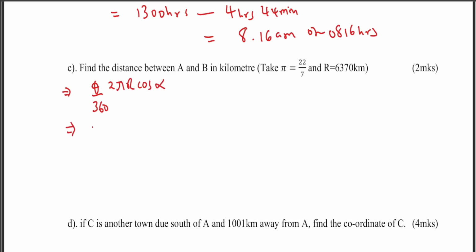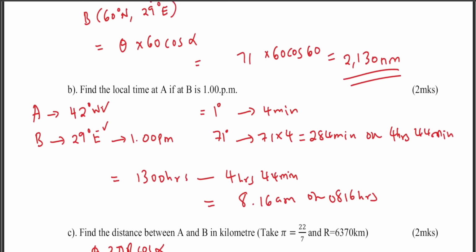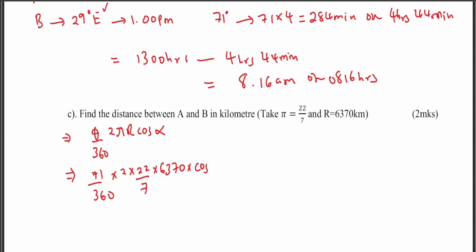The difference in longitude is 71 over 360 times 2 times 22 over 7 times 6370 times cos 60, which is the cos of the latitude. So it gives you a direct answer.